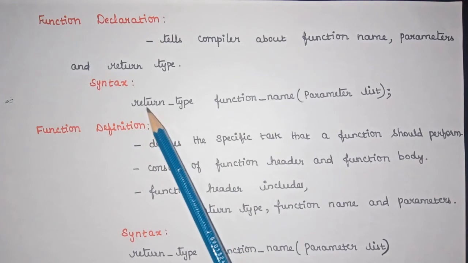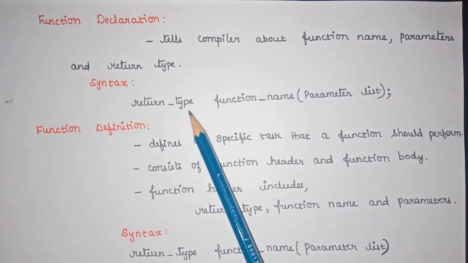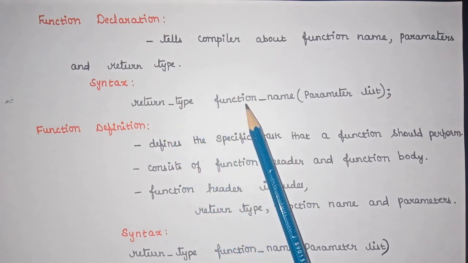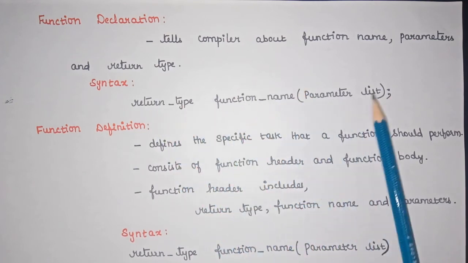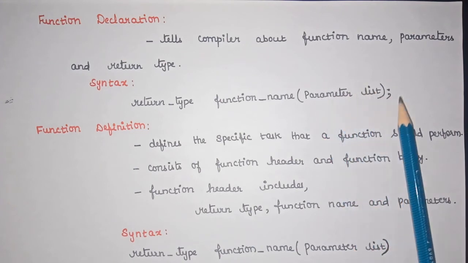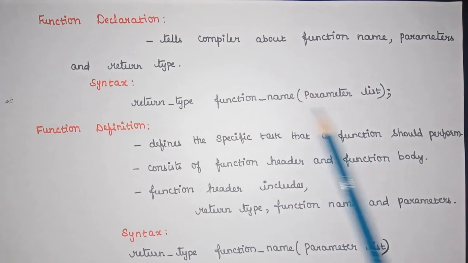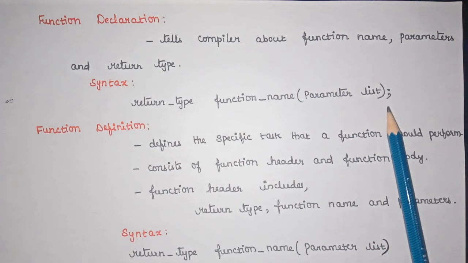It starts with the return type. Here for the return type we are using a data type. Then the function name followed by braces. Inside the braces we have a parameter list. Here we can declare the parameters, that is, we can declare variables. When we declare variables inside this function, those are called parameters.